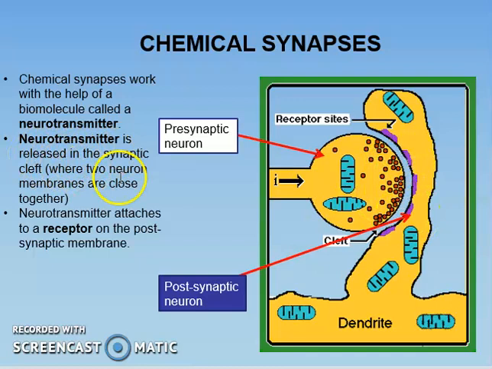So the neurotransmitter is released in the synaptic cleft where the two neuron membranes are close together, but not as close as they are in electrical synapses. So ions cannot flow directly. The neurotransmitter has to be released and attach to the receptor. So there is a delay, it slows down, because first of all chemicals will be released in the cleft, move towards the receptor sites, and attach to the receptor site.